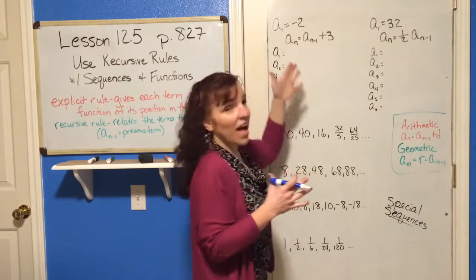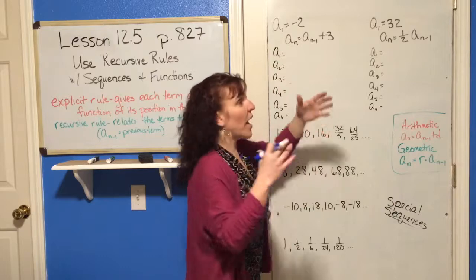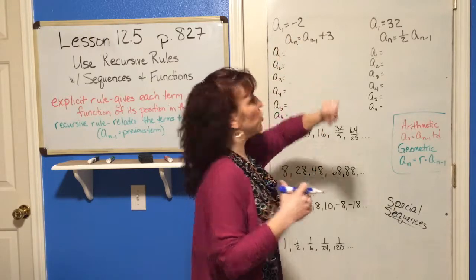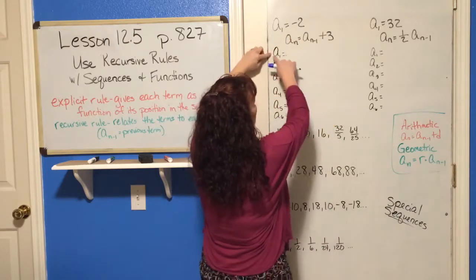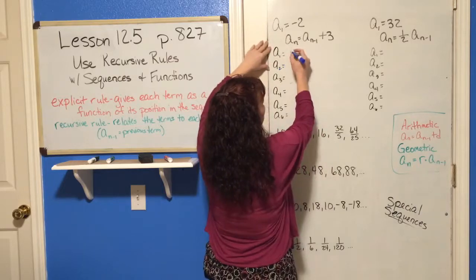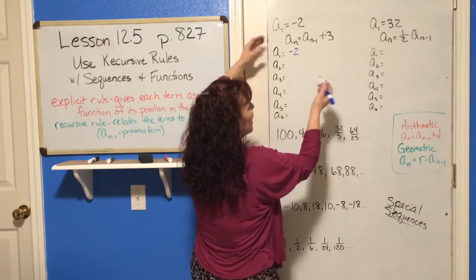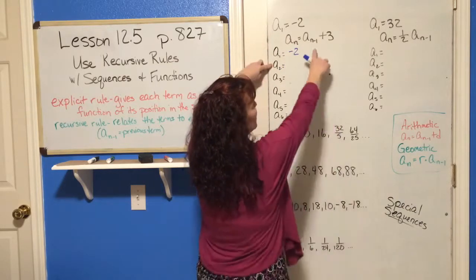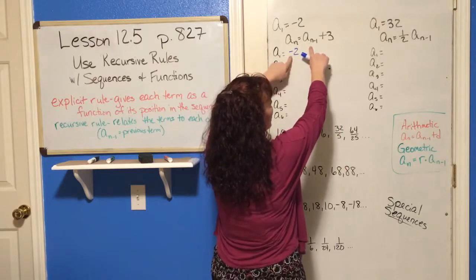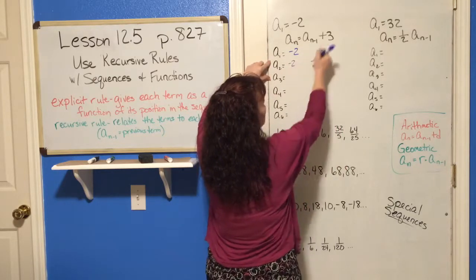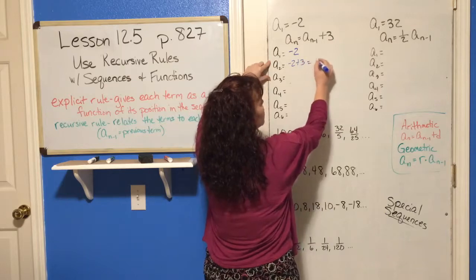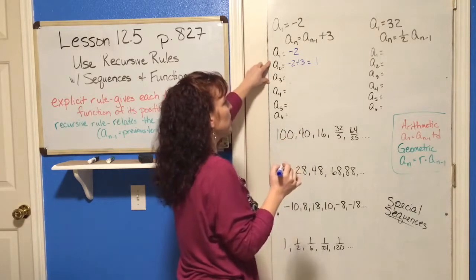So here's how you would evaluate this recursive rule. What we would do is we would say, well, the first term is negative 2, and each subsequent term is going to take the previous term, so negative 2 plus 3. So this value would be 1.